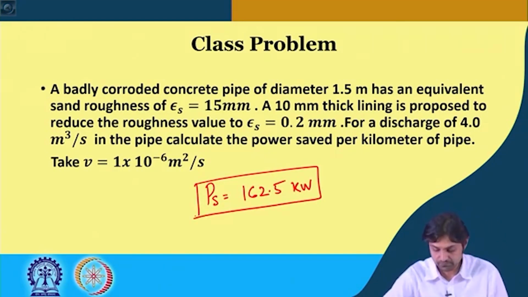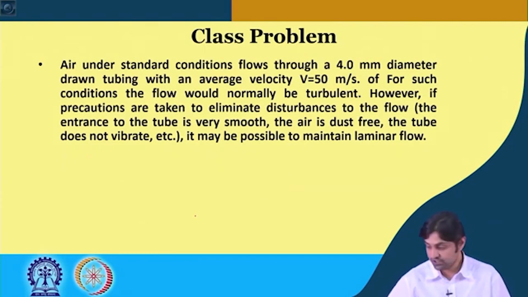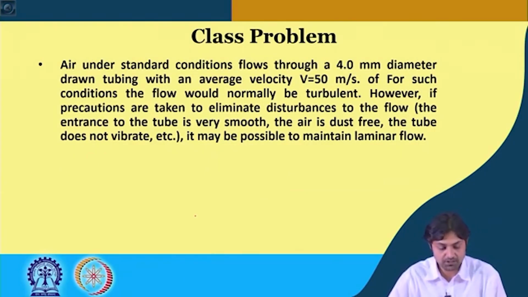All right. Okay, moving ahead, there is another question that says air under standard conditions flows through a 4 millimeter diameter drawn tubing with an average velocity of 50 meters per second. For such conditions, the flow would normally be turbulent. However, if precautions are taken to eliminate disturbances to the flow, it may be possible to maintain laminar flow.